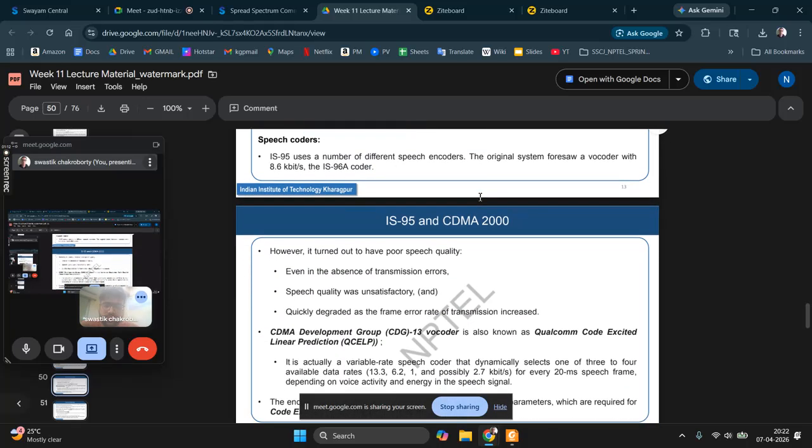So IS95 uses a number of different speech encoders. The original system foresaw a voice coder with 8.6 kbps, the IS96A encoder.